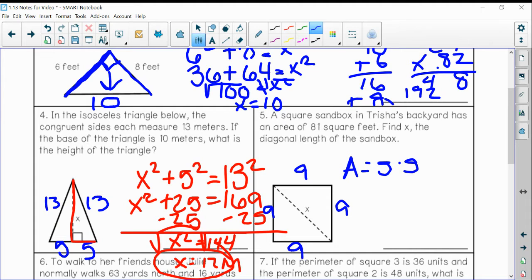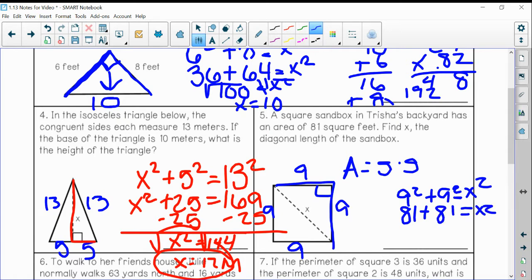And then we want to find the diagonal length. So, this is just simple. Our legs squared and added together equal our missing diagonal squared. So 9 squared plus 9 squared equals diagonal squared. So 81 plus 81 equals x squared.